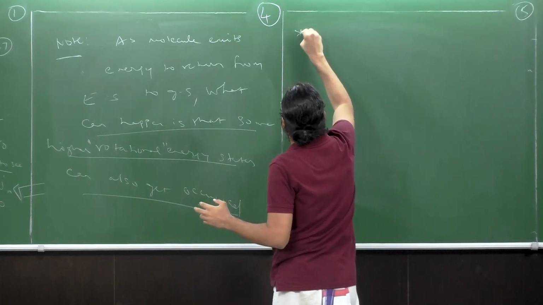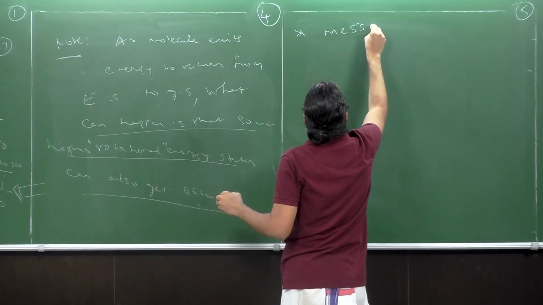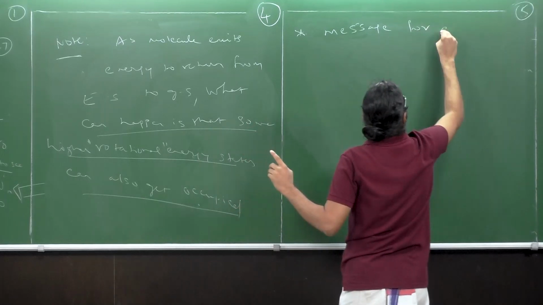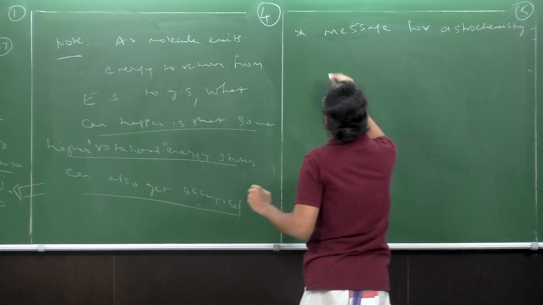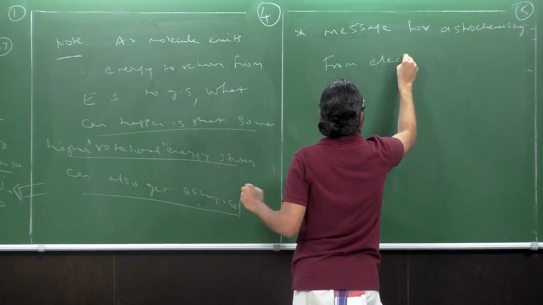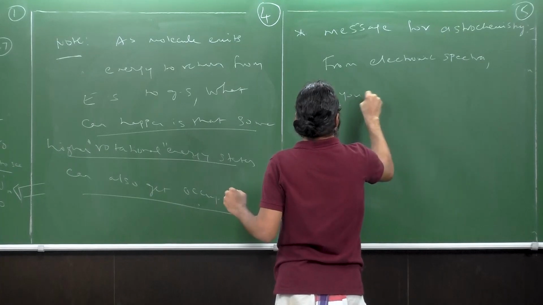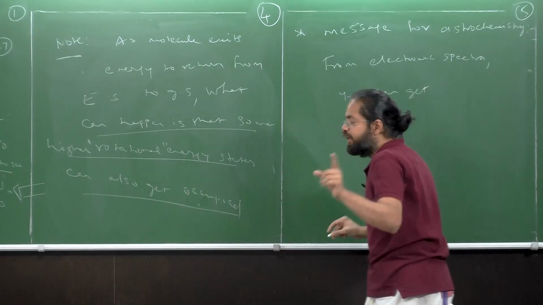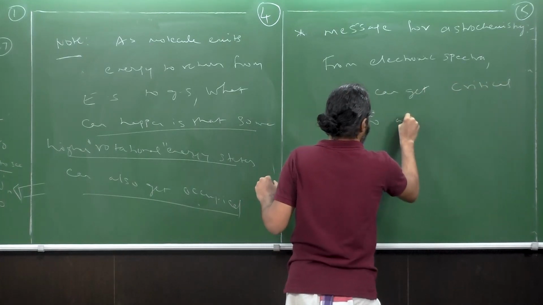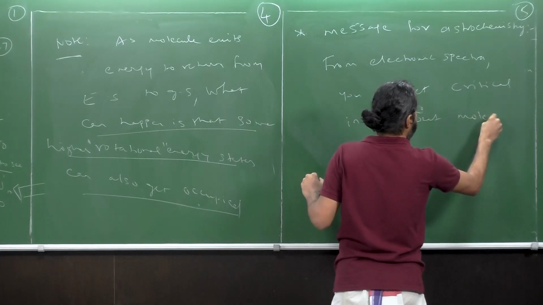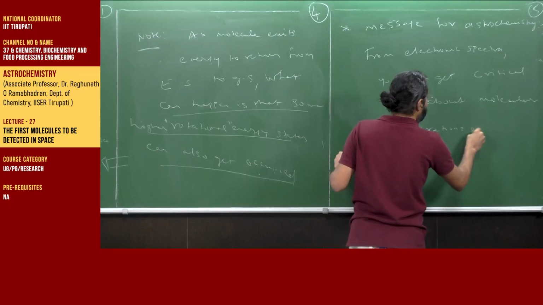The message is that for astrochemistry, from electronic spectra, you can get critical info about molecular vibrations and rotations too.